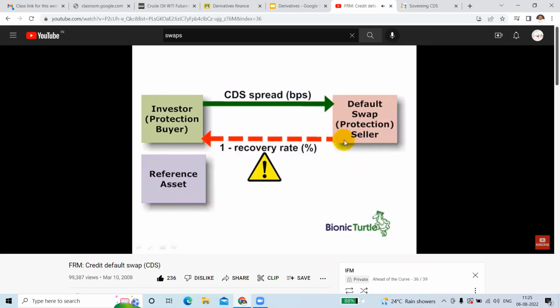And so here I've illustrated the cash settlement. There can be either a cash or physical settlement. So if there is a credit event, in this case, the default swap seller, because he or she's been collecting premiums along the way, must pay 1 minus the recovery rate to the protection buyer.